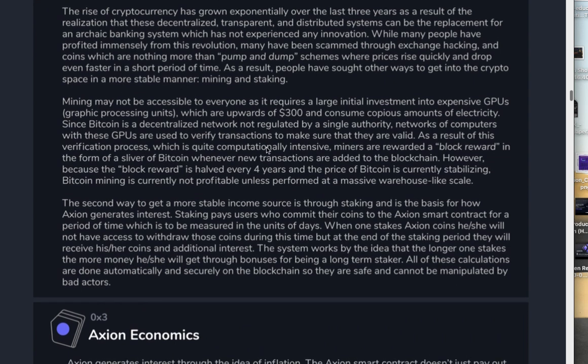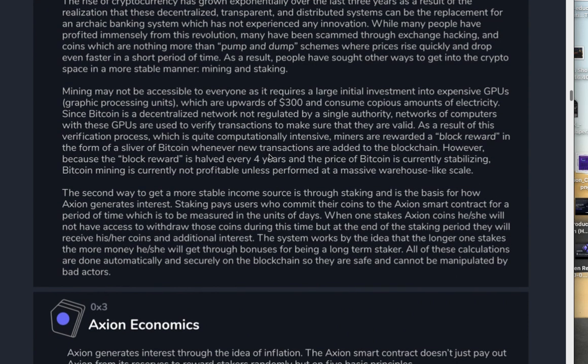Mining may not be accessible to everybody as it requires large initial investment into expensive GPUs, which are upwards of $300 and consume copious amounts of electricity. Since Bitcoin is a decentralized network not regulated by a single authority, networks of computers with GPUs are used to verify transactions to make sure they are valid. That's the main heart of a blockchain.